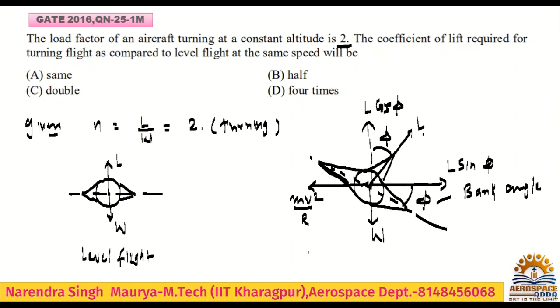So the force balance: equation 1, L sin phi is equal to m v square by r, and equation 2, L cos phi is equal to W. It is very basic.